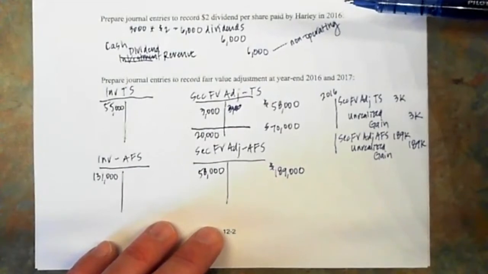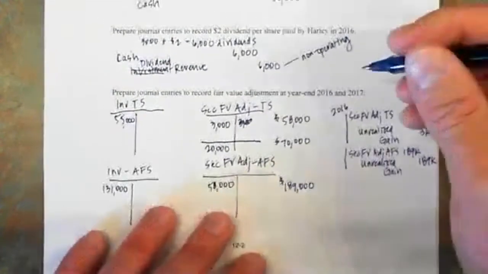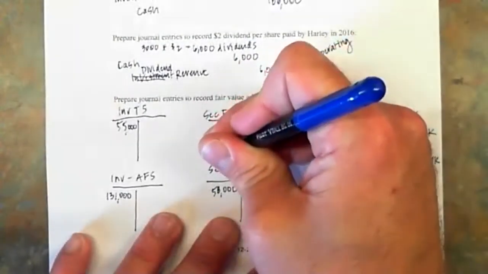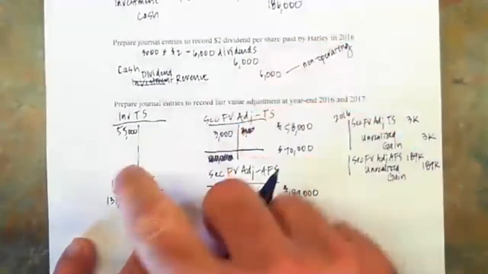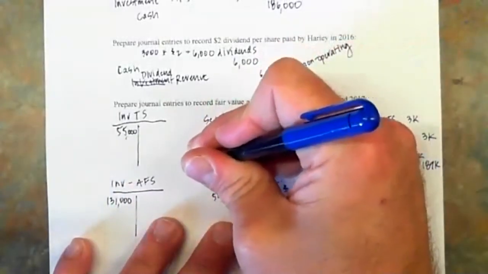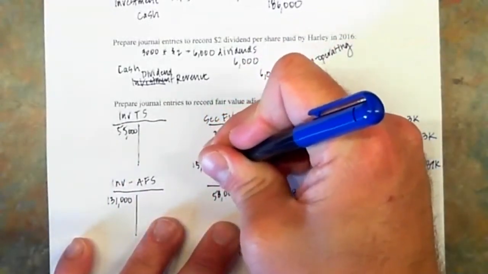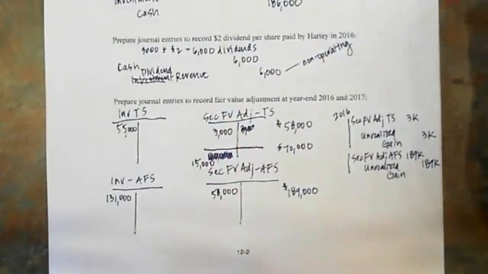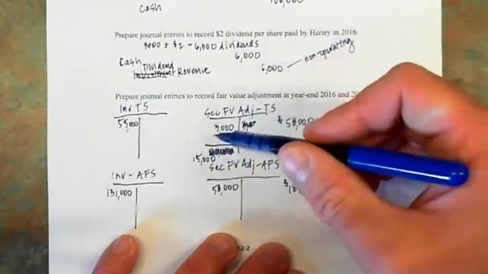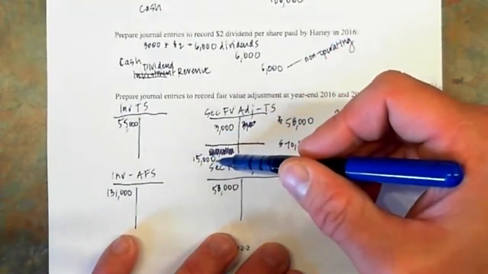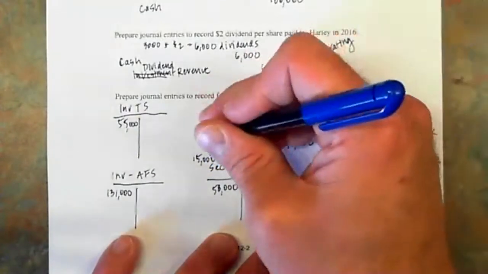Oh, I'm sorry. Oops. No, that's not working out. In order to get to 70,000 from 55, we need a $15,000 balance. Be careful. 55 plus 15 gives me 70. So that's not the adjustment I want to make. That's the balance I desire.